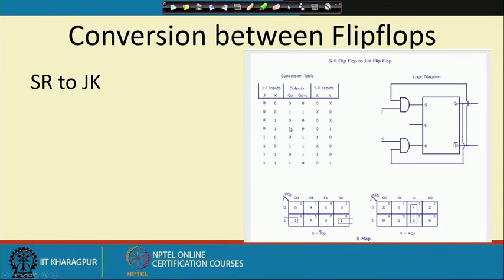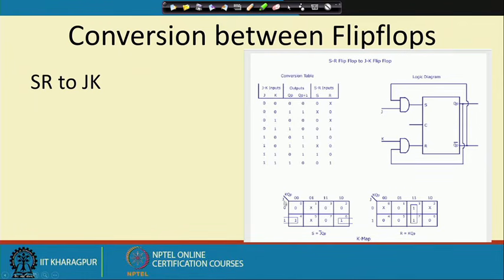If the current value is 1 and the next value we want as 0, then the R input should be made equal to 1 and S input should be made equal to 0. Similarly, for 0 to 1, S input should be made equal to 1 and R input should be made equal to 0. In this way we write down the values to be applied on S and R inputs of the flip flop.